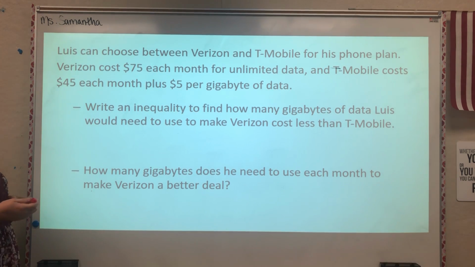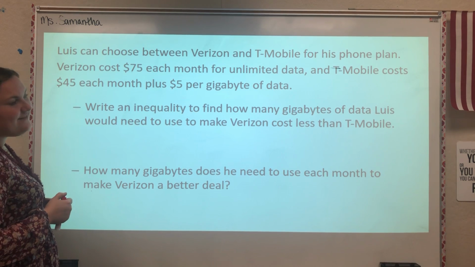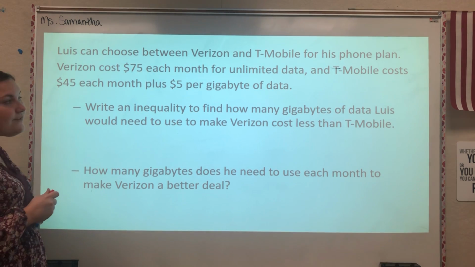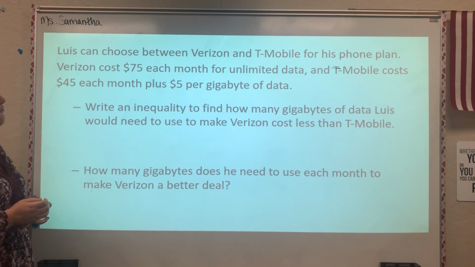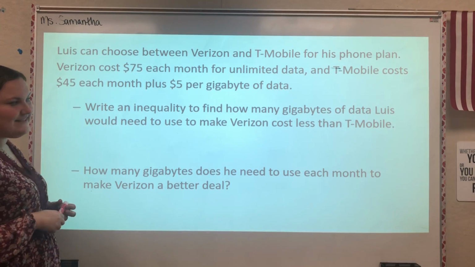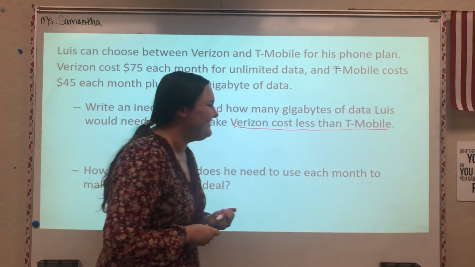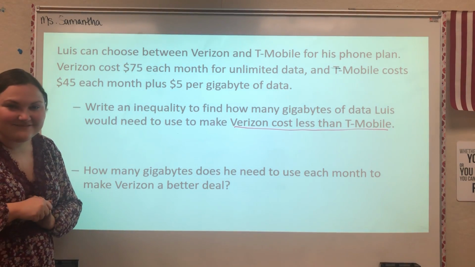Verizon costs $75 each month for unlimited data, and T-Mobile costs $45 each month plus $5 per gigabyte of data. Write an inequality to find how many gigabytes of data Luis would need to use to make Verizon cost less than T-Mobile. Just gonna underline this here for you. Go ahead and try that first part.